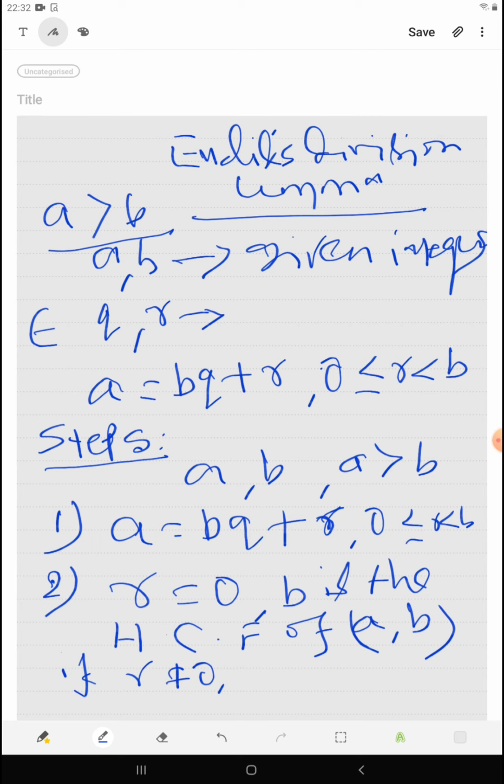Then we will again take b equals rc plus d. So there must be some integers c and d which will again be there. So we need to continue like this. So this is our third step.